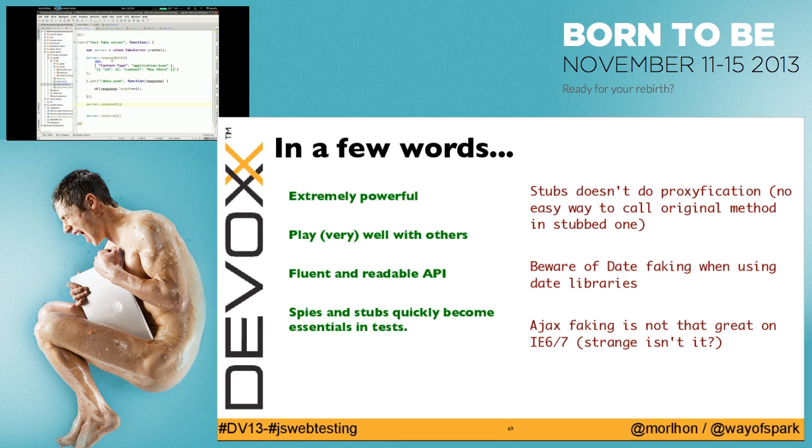You probably use JMock, EasyMock, and end up using Mockito like everyone else. If you know those tools, you have seen that Sinon gives you quite a few of the same kind of stuff you're used to with Mockito. So it's very comfortable for a Java programmer to start with Sinon.